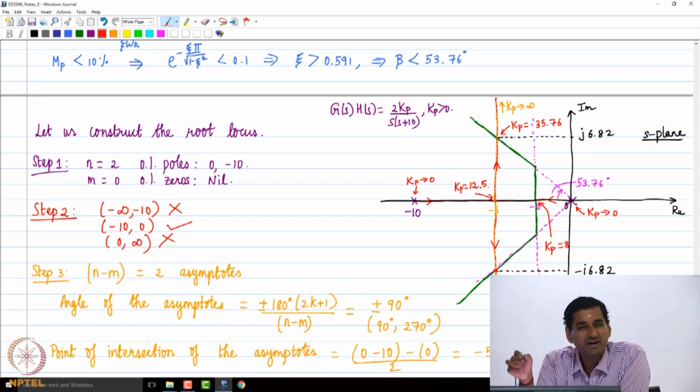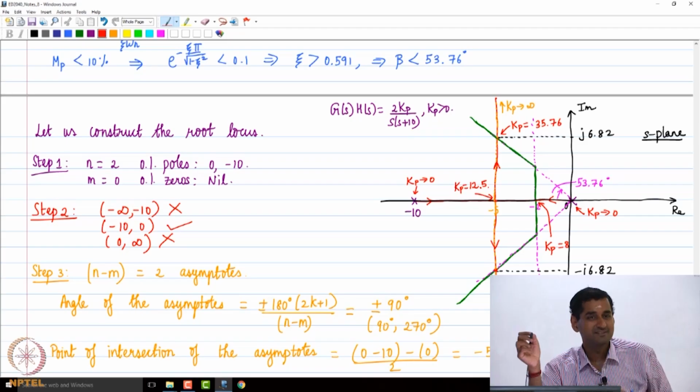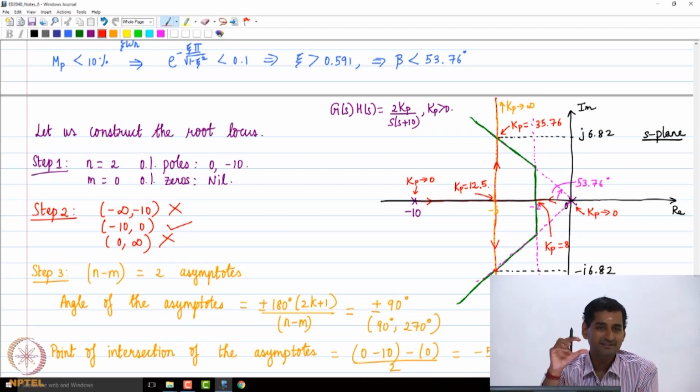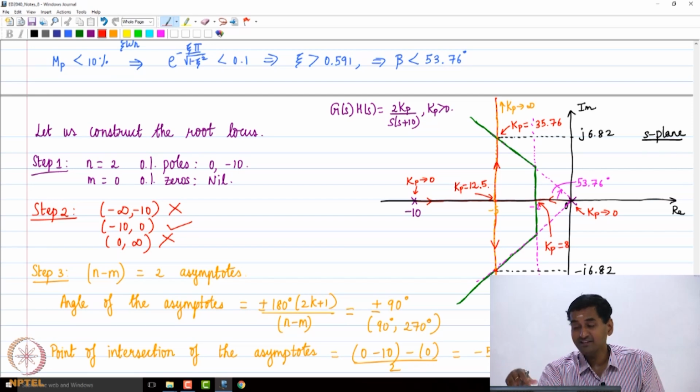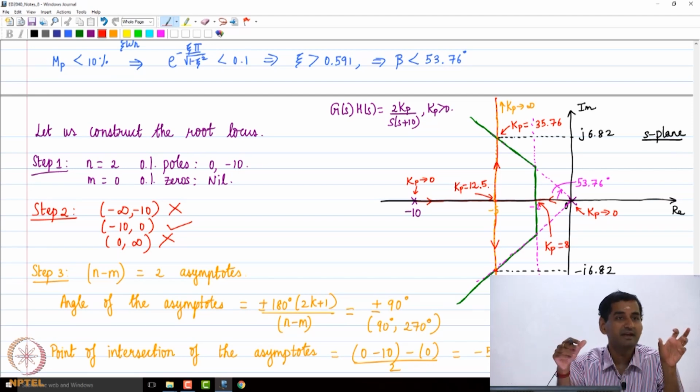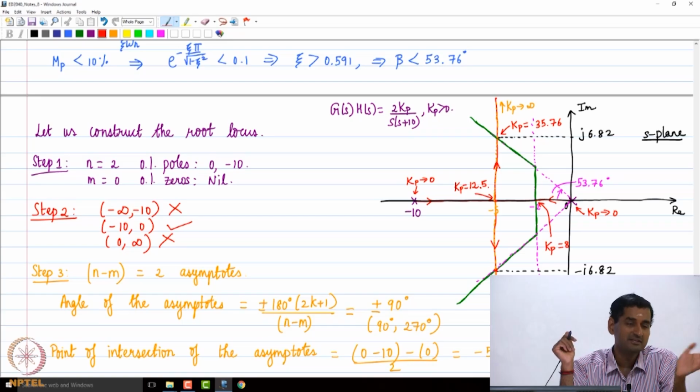So I would choose Kp between 12.5 and 35.76 and tune the final system. This way the theoretical analysis can help us figure out a range of controller gains. Then we need to go to the actual experimental system and fine tune. So that's what we would ultimately end up doing. Is it clear?